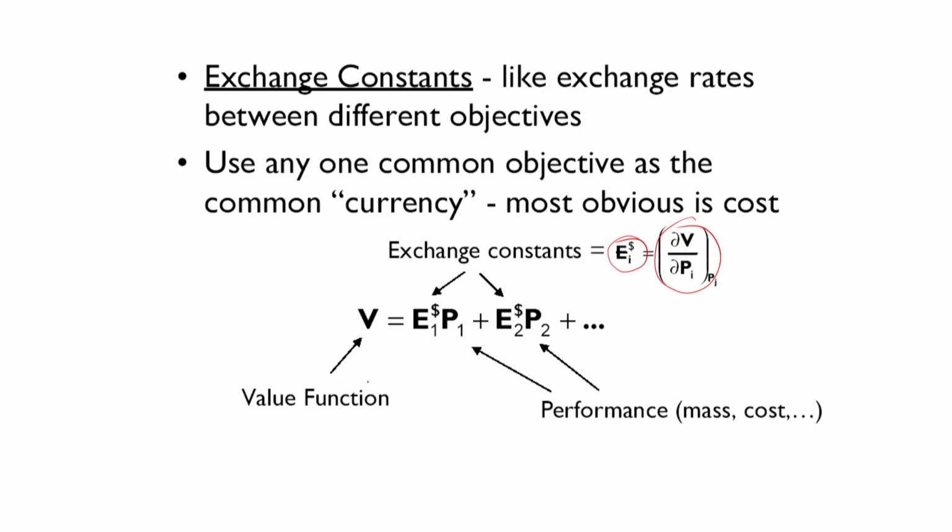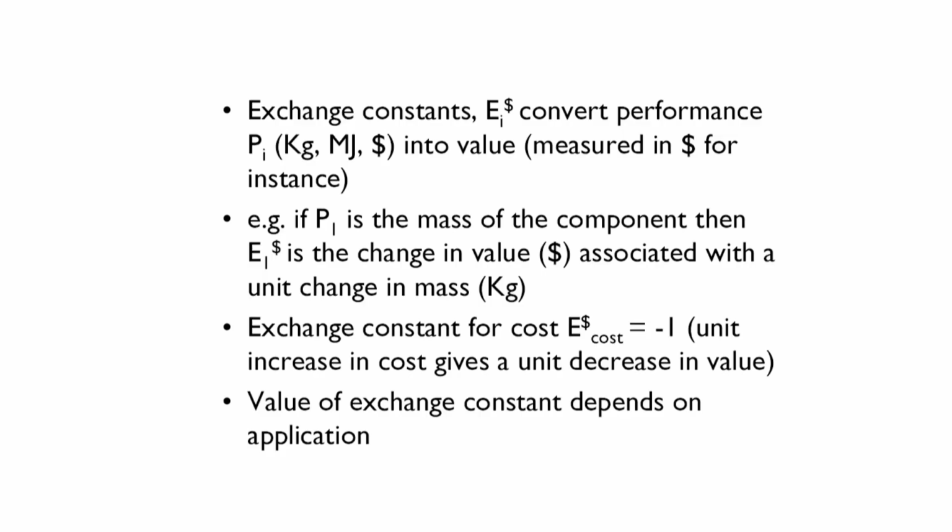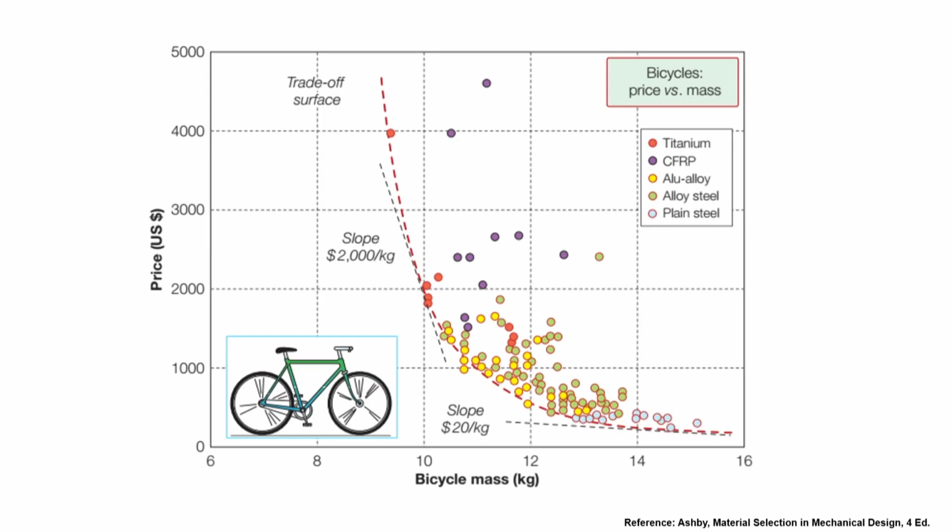So, then I can create my value function as exchange constant corresponding to one property plus exchange constant corresponding to another property. As they say that in every trade-off there is something that you are paying, and that paying is in terms of the cost. Okay. So, the cost itself we consider it as -1, and then we use this for every objective.